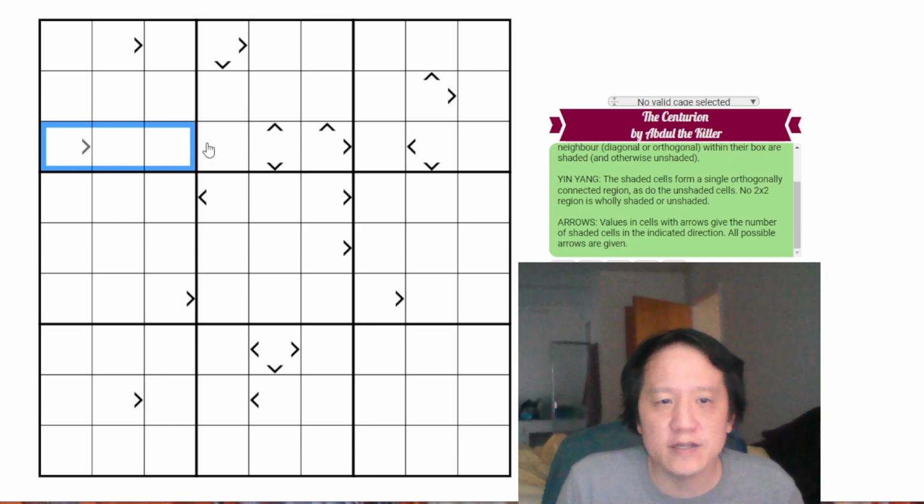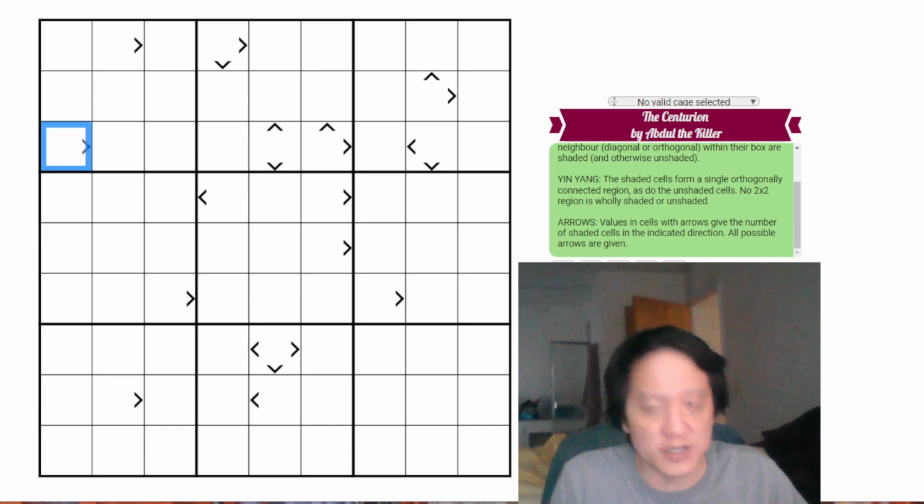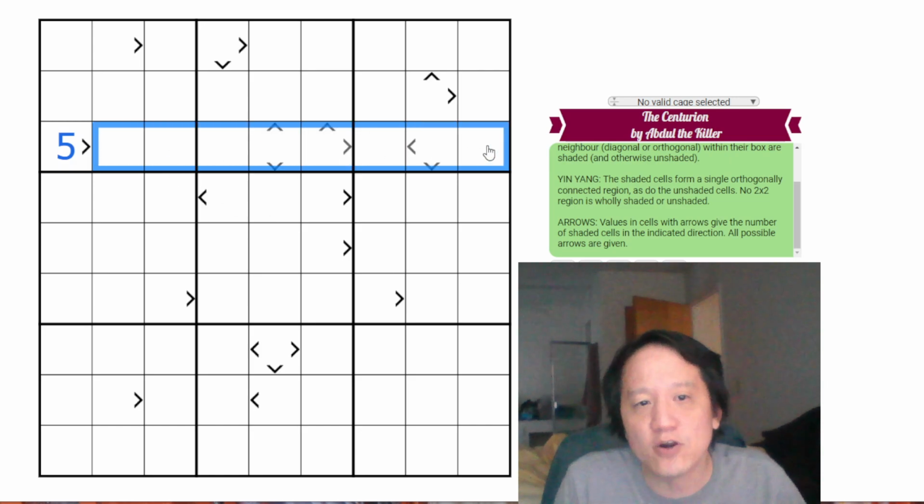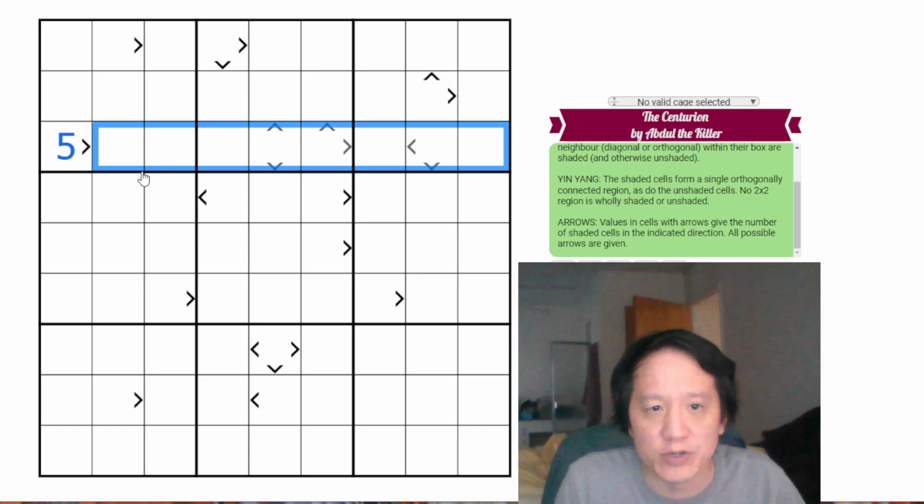Arrows mean that, for example, if this was a 5, there are 5 shaded cells in this direction. That's all we know. So it could be some combination of like this with this and that, or something like that. So we know for certain that there's 5, but only 5, right?